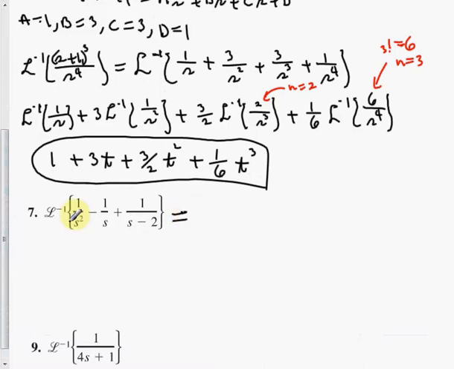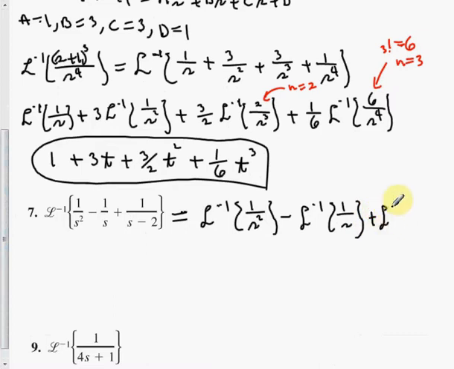So we can break this number 7 down into its parts as well. This is the inverse transform of 1 over s squared minus the inverse transform of 1 over s plus the inverse transform of 1 over s minus 2.